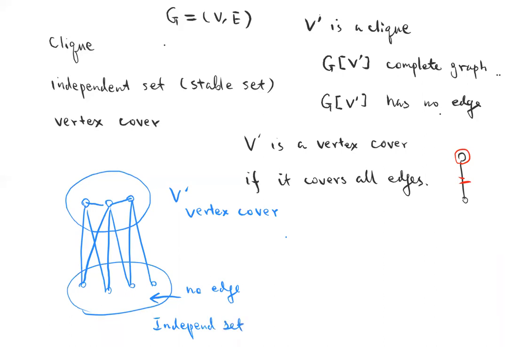All right, so what this means is V prime is a vertex cover if and only if the complement set is an independent set. So they have this complementary relation.